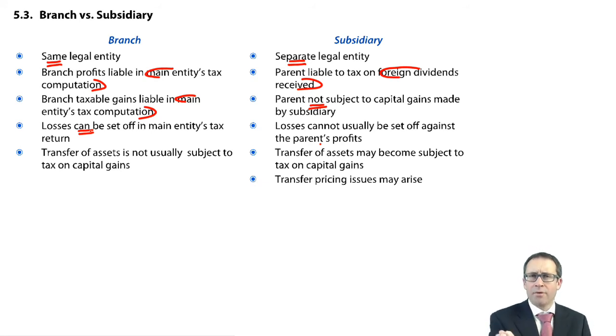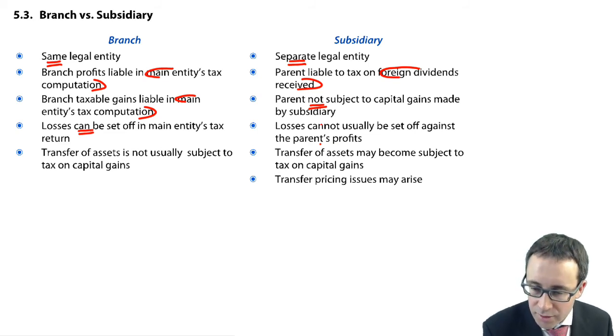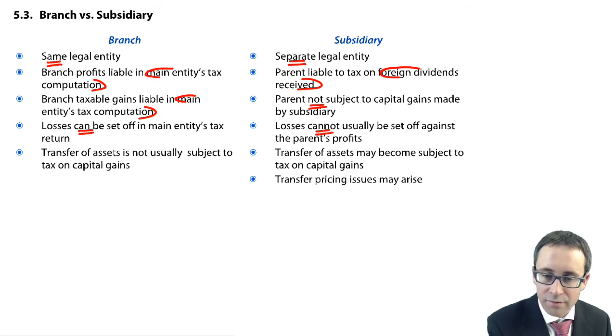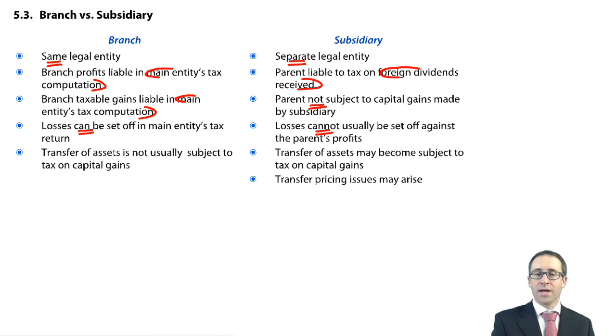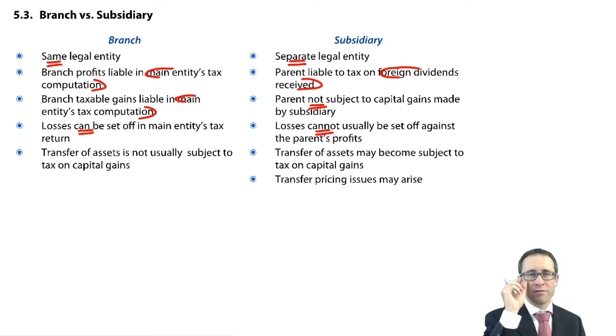So if you have a loss-making branch, which essentially it might be when you first set it up, those loss-making branches can take the losses, those trading losses, and use them against your profits on your own overall tax computation. Whereas if you have a subsidiary, your losses cannot usually be set off against the parent's profits. There may be a process of group relief, but group relief is definitely being phased out within the UK, so I'm not too worried about that.